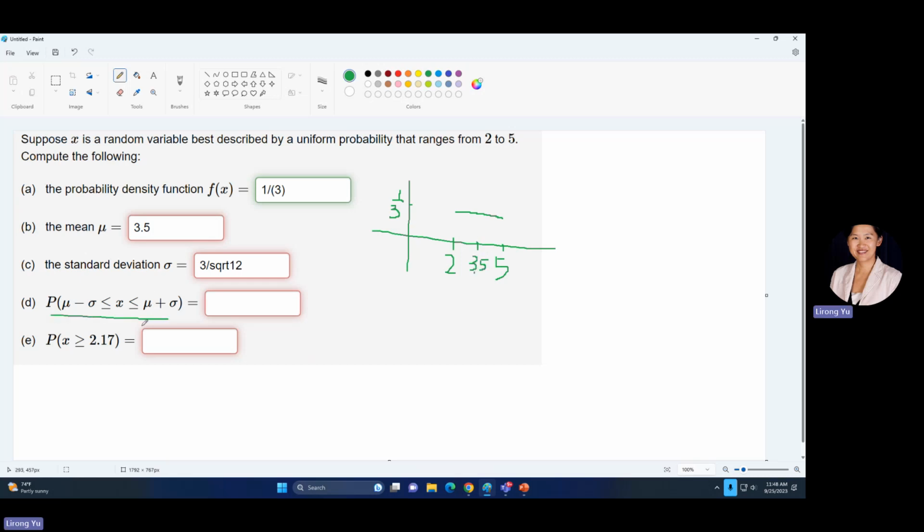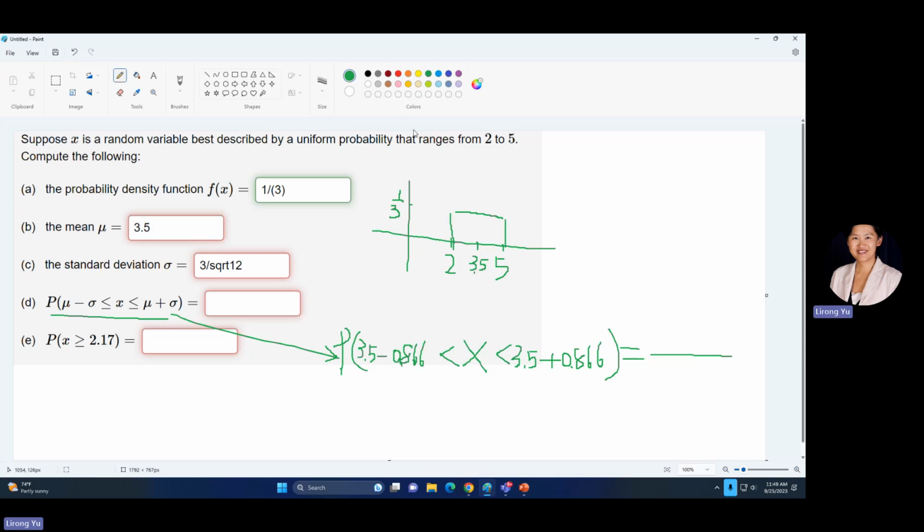So this is really the probability that x is between 3.5 plus 0.866 and 3.5 minus 0.866. That's the probability.